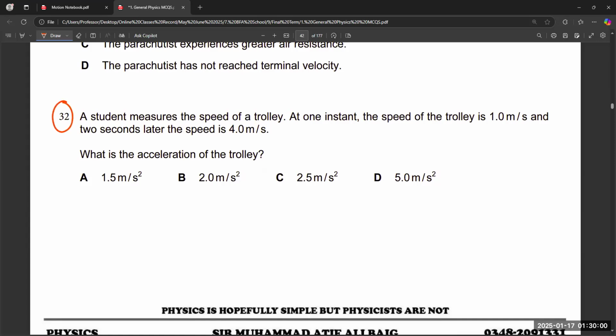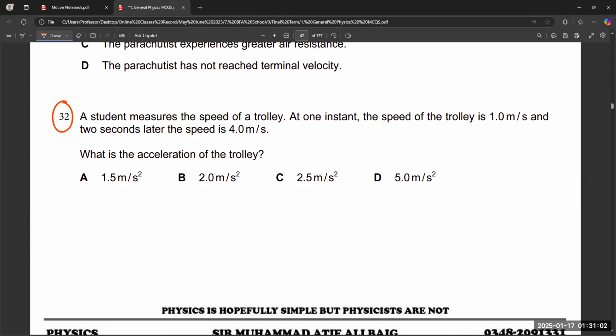Okay, question number 32. So how do you find this one?